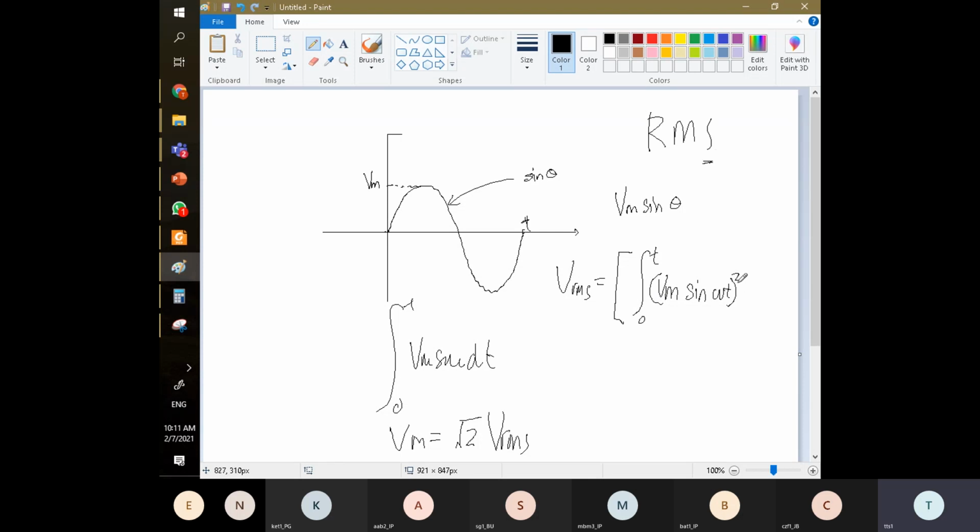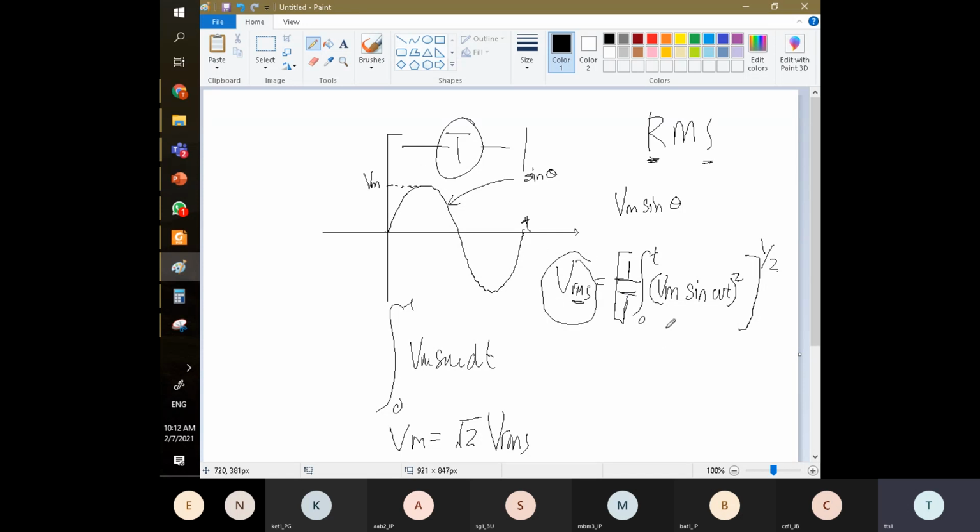So square, and then we put in the roots, 1 over 2 roots, to calculate the root mean square: square, roots, and the mean. The mean is 1 over t. From here to here is t. So the mean is 1 over t. This is the formula to calculate the root mean square for this sine wave.